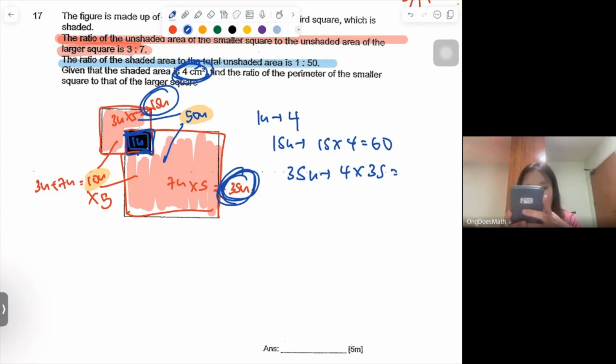Take out a calculator, 4 times 35, that should give you 140. Then now, you just have to find out what.